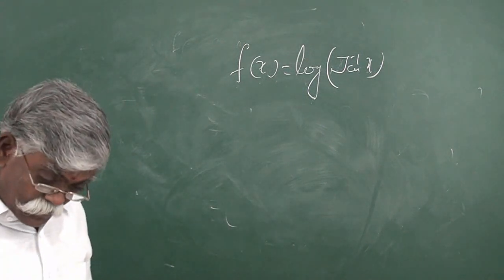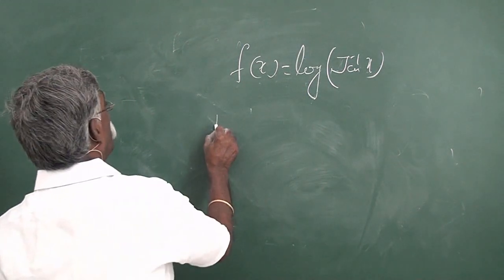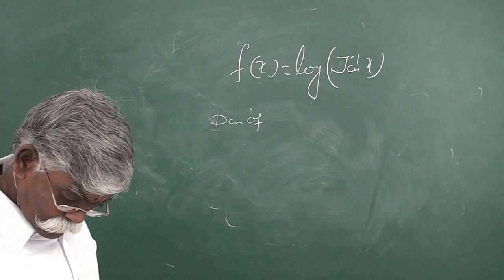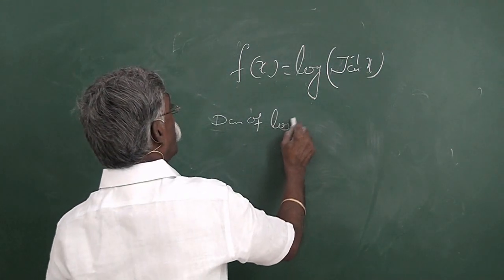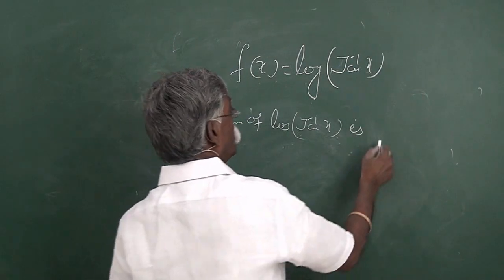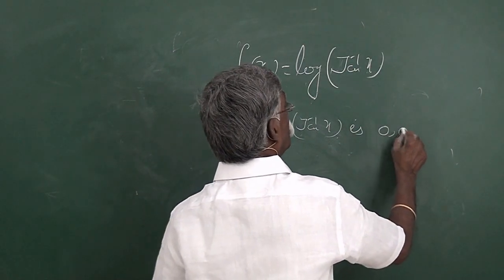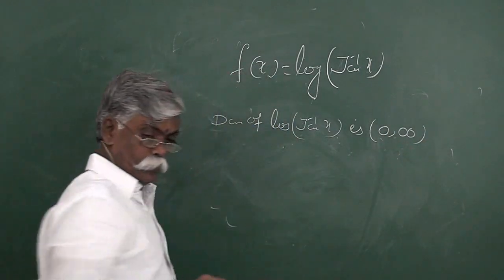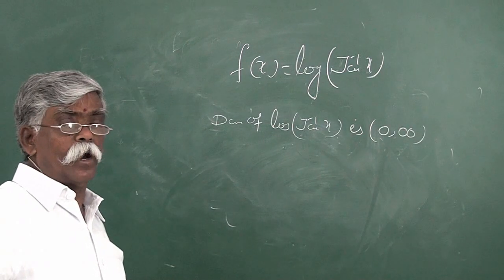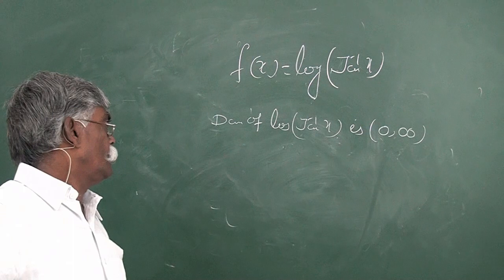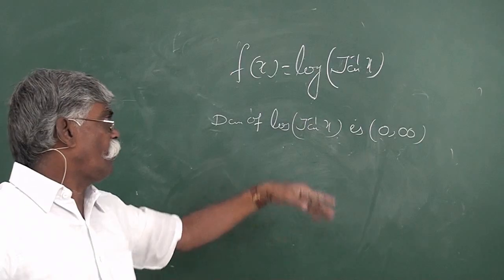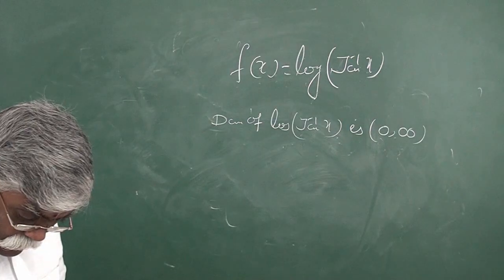Therefore, the domain of log tan inverse x is 0 to infinity, because log of something should always be positive. That means log of something should be greater than 0. So therefore, domain of log tan inverse x is 0 to infinity.